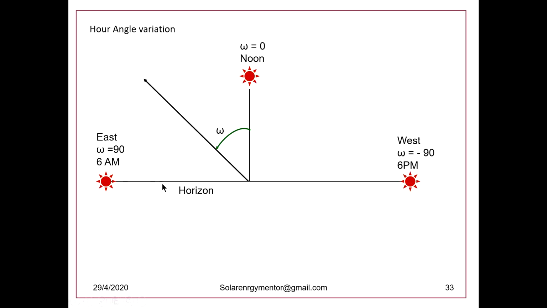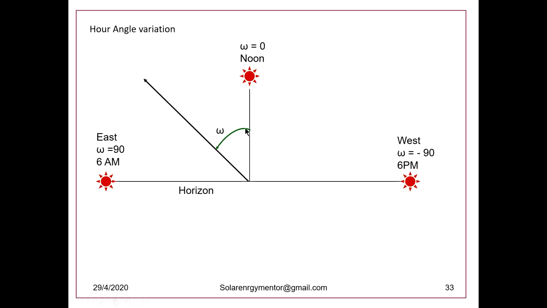So this is horizon. At 6 a.m. in the morning, omega is equal to 90 degrees on the east side when sun is rising. Okay, and then as sun goes on in the sky and when it reaches the zenith, omega is equal to 0 at noon, solar noon.